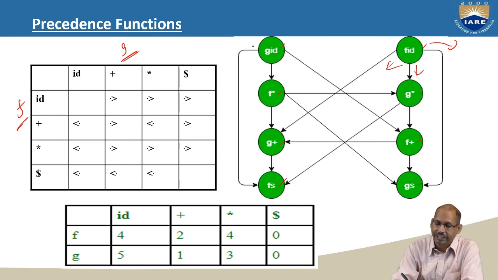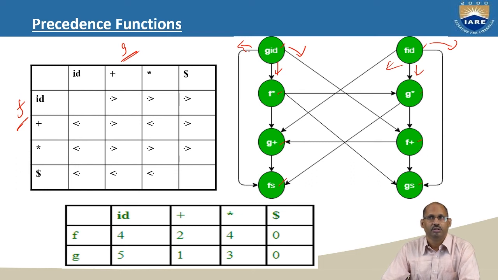Similarly, GID to F multiplication, F plus and F dollar. Right?